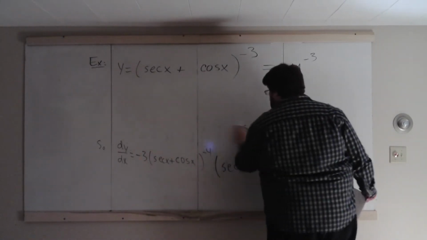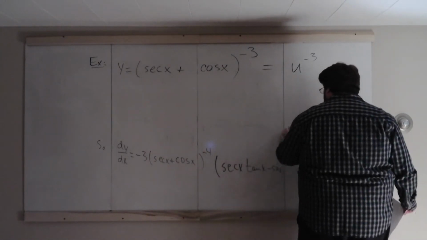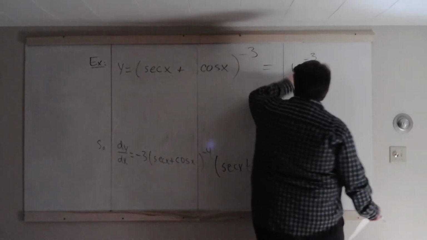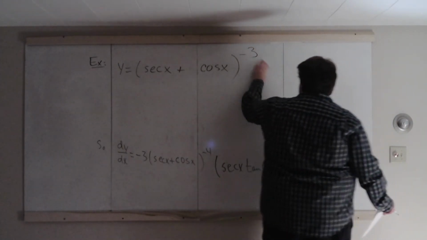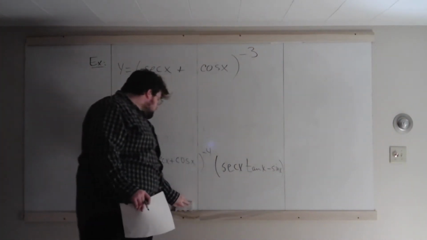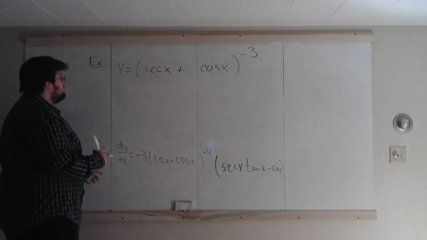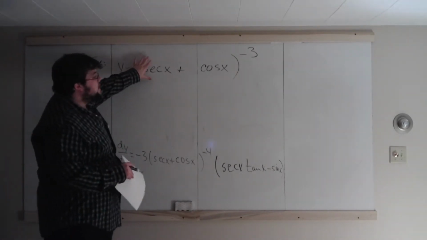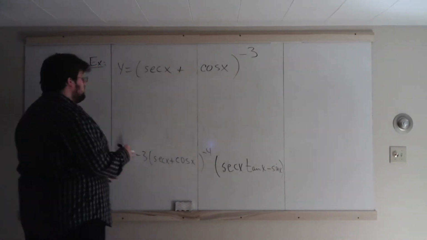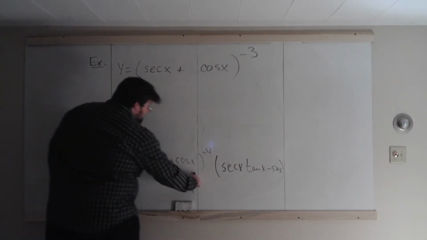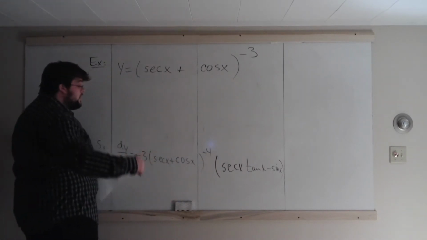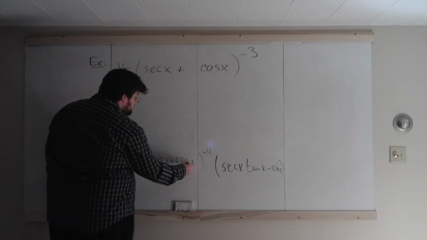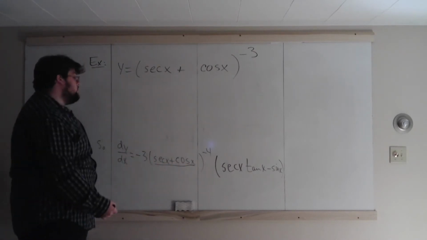Let's erase this substitution and talk for a moment about how we could have gotten to that answer without the substitution, or without writing the substitution. This is a function to the negative third, so its derivative is negative 3 of them to the negative fourth times the derivative of this inside function.